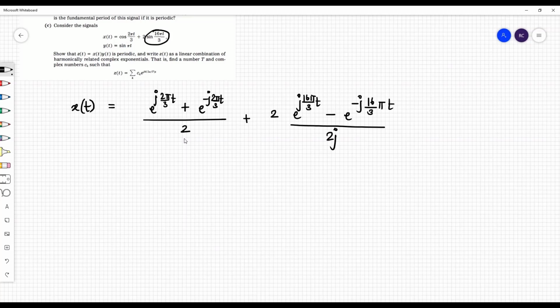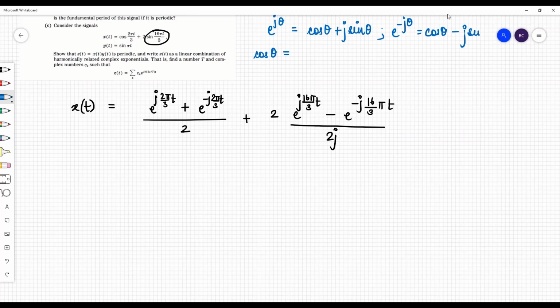This is coming from Euler's relationship. I hope I don't have to write this. Okay, I'll write it in case you have forgotten. So we know that e to the power j theta is cos theta plus j sine theta, right? e to the power minus j theta would be what? Cos theta, because cos of minus theta is cos theta, plus j of sine minus theta, which is minus sine theta.